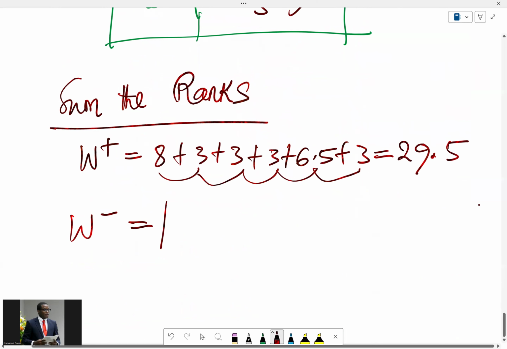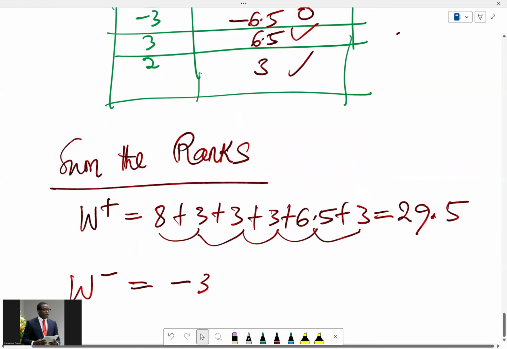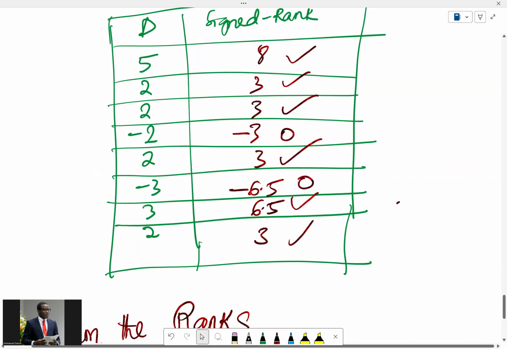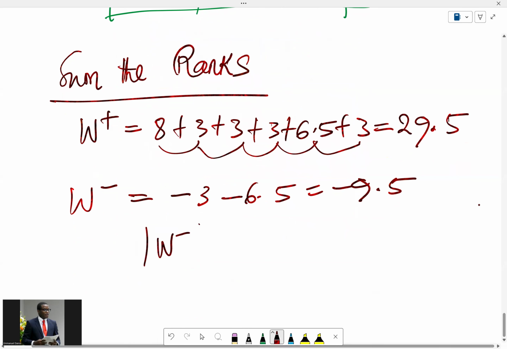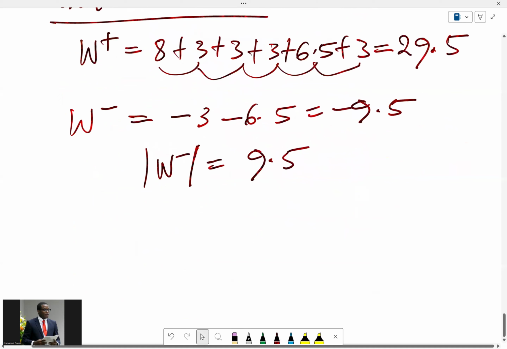So it has to be the absolute value of the sum of all the negative ranks. We have -3, then -6.5, that is equal to -9.5. But of course, we drop the sign, so the absolute value is just 9.5. We don't care about the minus in that case. The next thing we want to do is to get the test statistic.